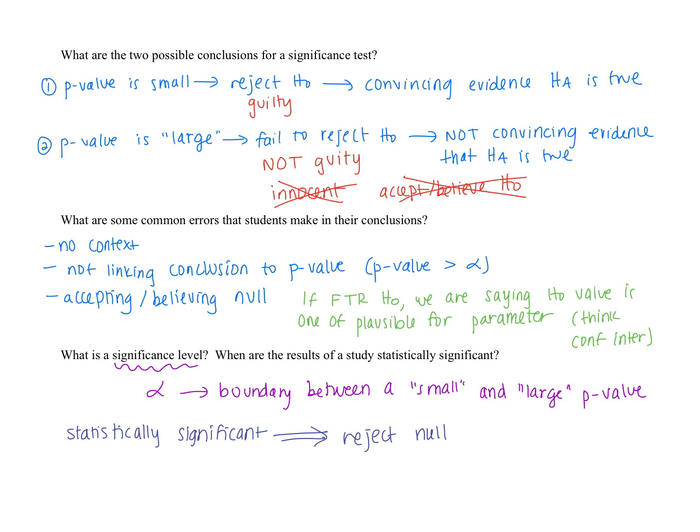There is no such thing as accepting the null. And so the last thing that we talked about is a significance level, which is alpha. That's how we decide if our p-value is large or small. So a lot of times we take that alpha to be 0.05, that 5%, but sometimes you'll be given a different value instead. All of that sound familiar?